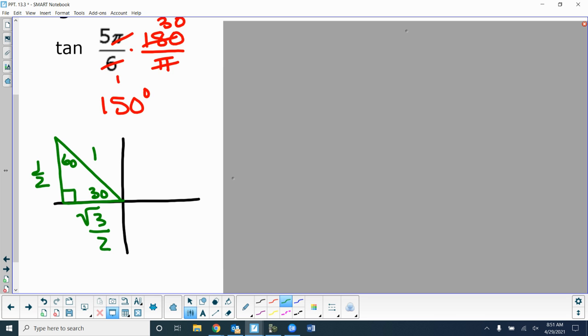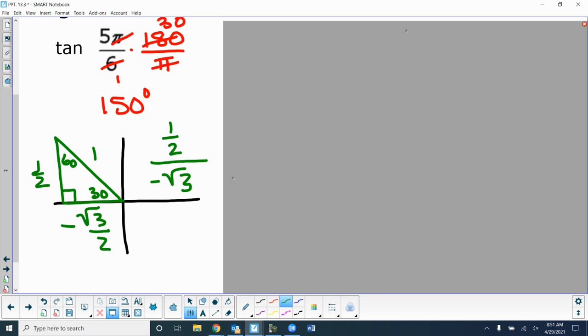X value, though, is what over here? Negative. The mistake a lot of kids make is they'll get all this right, but they'll forget about negatives and positives. That X value is negative. We're looking for what? Tangent. Right? So tangent is opposite over adjacent.